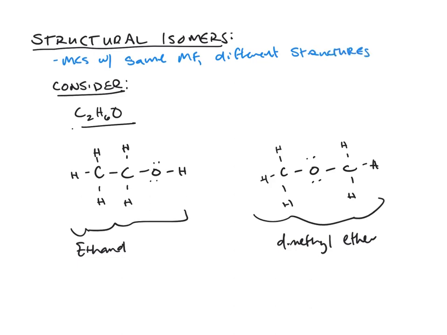And remember that different structures means different properties, because as we've talked about before, structure determines function. Structure determines properties. So if the structure is different, the properties are different as well. So C2H6O has two structural isomers. Both of those things are fine.